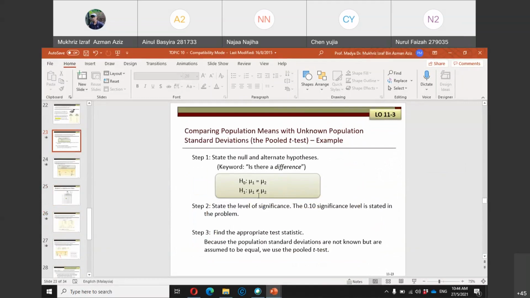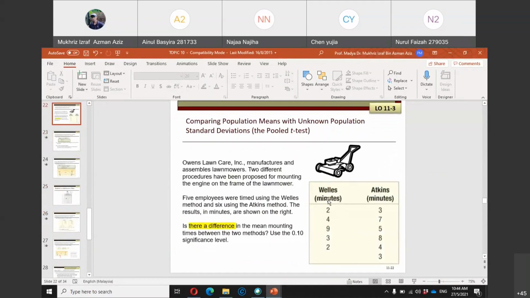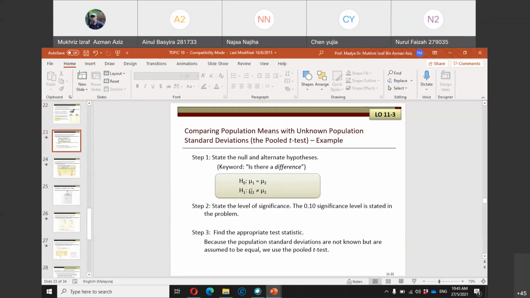If you look at this information here, Wellis and Atkins. Whenever you want to test a difference, it doesn't matter whether it is Wellis minus Atkins or Atkins minus Wellis. But it is how you write down your H1. Because when it comes to difference, compared to longer or bigger than or smaller than, for those you must put the notation or the sequence in your H1 correctly.